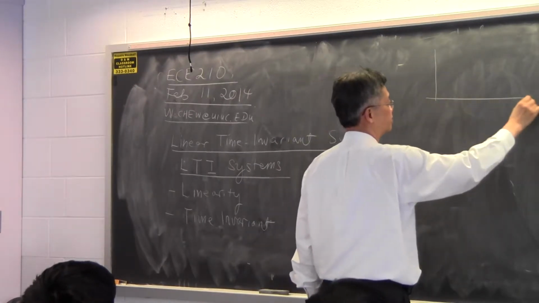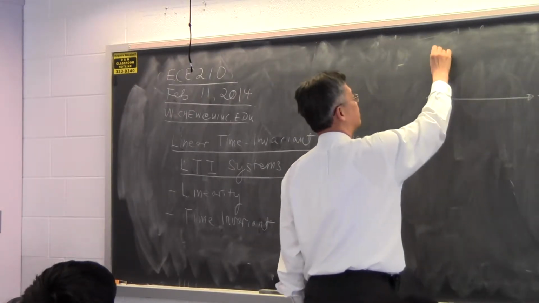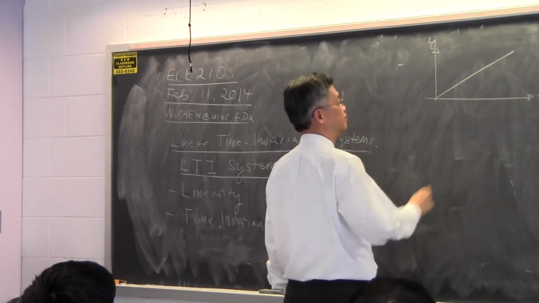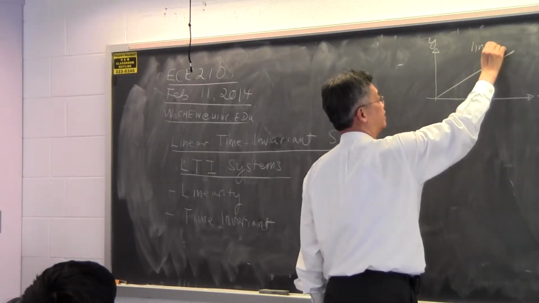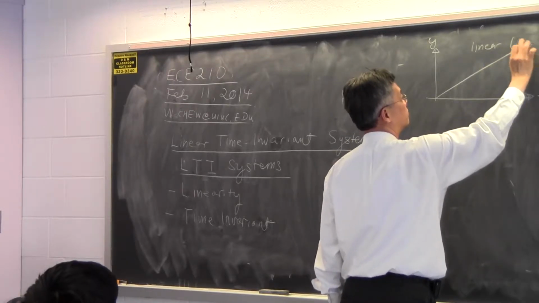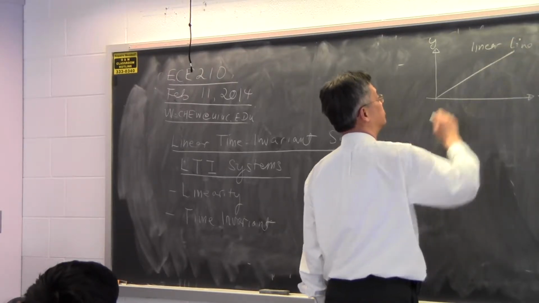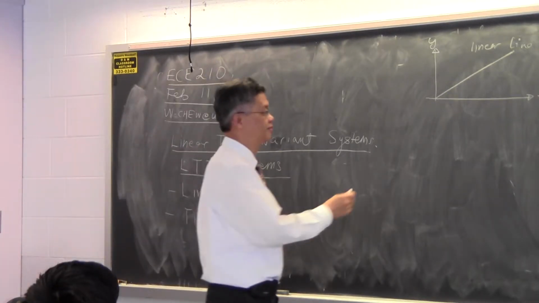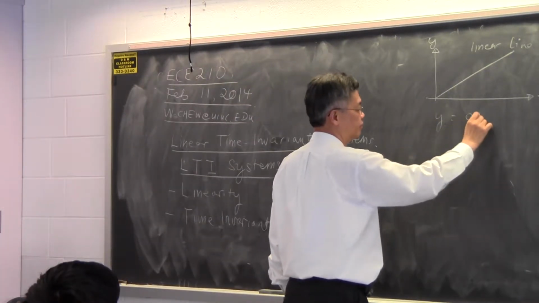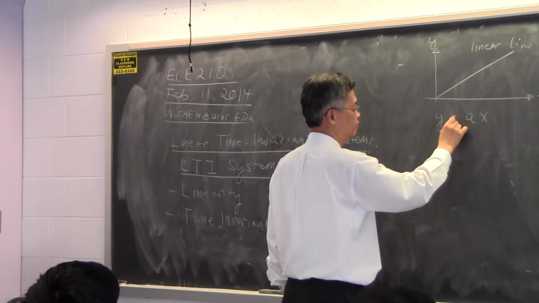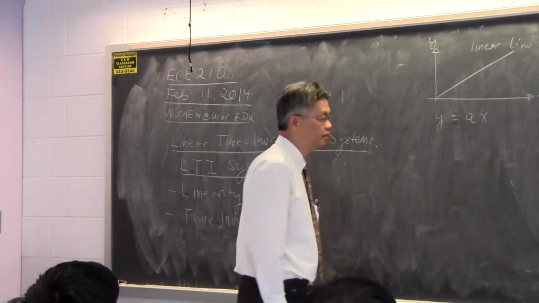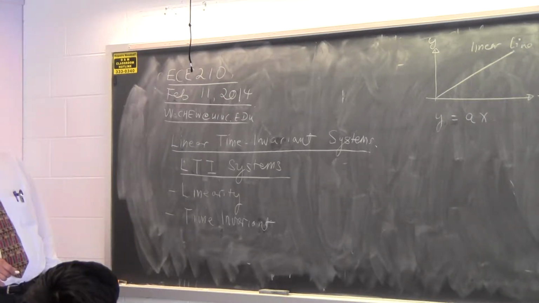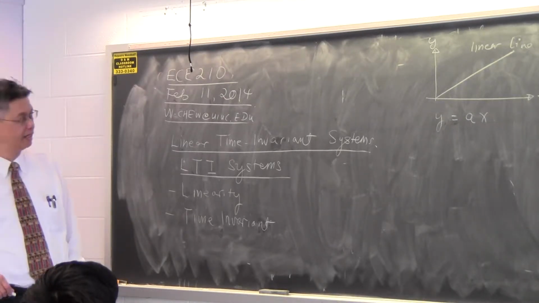For instance, if I was to plot x versus y, this straight line is a linear line. In this case, y equals ax. A linear system is very similar to the concept of a linear line.